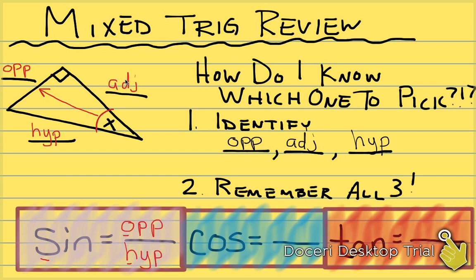Cosine, CAH, is adjacent over hypotenuse: caught another horse. And tangent, TOA, is opposite over adjacent, taking oats away.